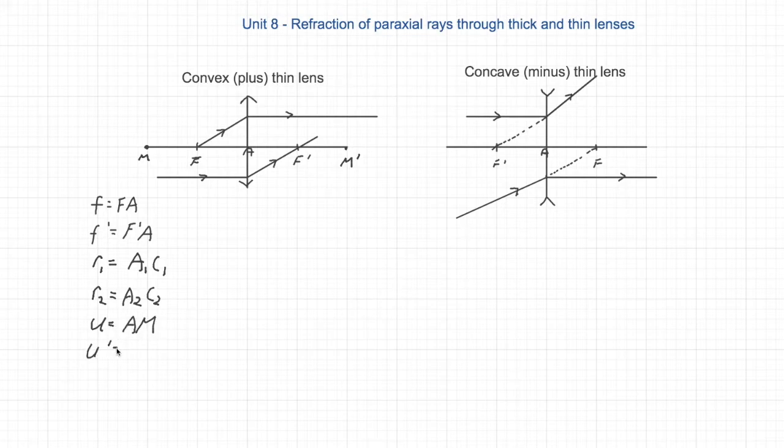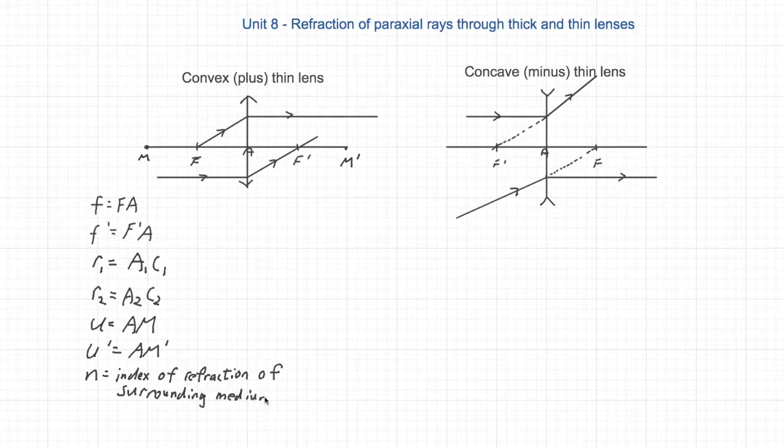If we place an object at point M, the object distance U is a distance from A to M. The image distance U prime is the distance from A to M prime. N is the index of refraction of the medium surrounding the lens. Generally, that's air, so N equals 1. And N prime is the index of refraction of the lens material.